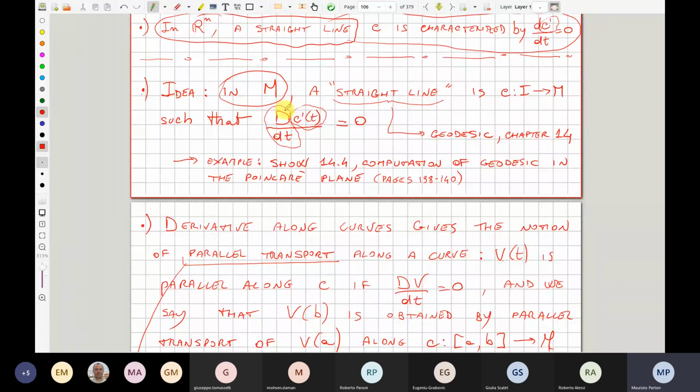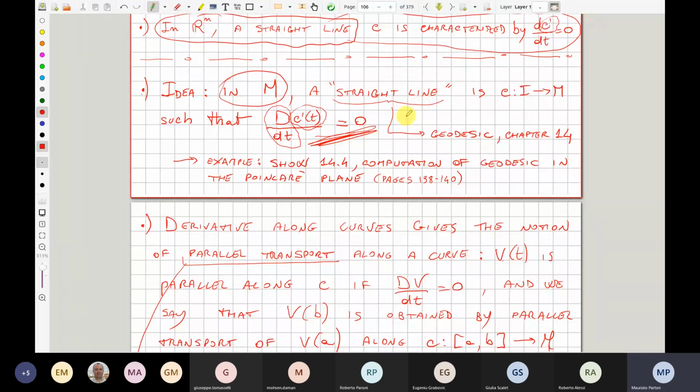So I'm taking the derivative of the curve by itself. And if this derivative is 0, I call this curve very special. It is self-parallel in some sense, and I call this a straight line, which is no more straight in the straight sense, because we have no embedding in Rm. We're just an abstract manifold. So this is a way to define what is the straight line on a manifold.